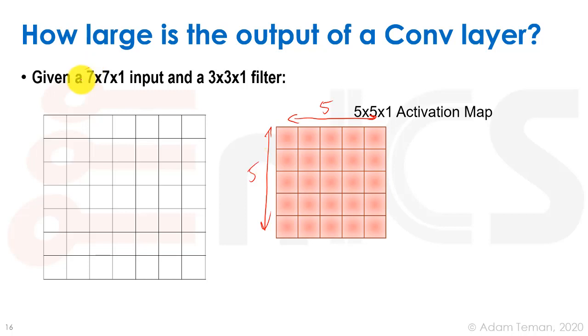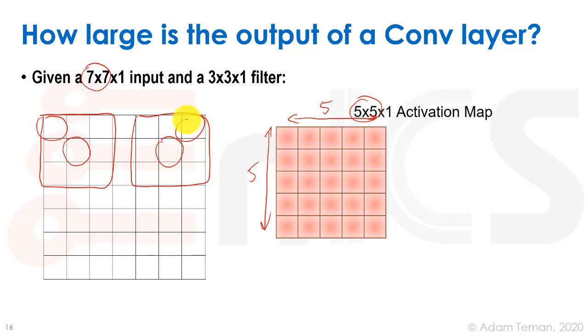So we started with 7 by 7 and got 5 by 5. Why did we lose the edges? Because the first filter was sitting over here, focusing on this pixel rather than this pixel. And the last filter was sitting over here, focusing on this pixel rather than this pixel. So we lose a pixel in each of these directions, and that's why instead of 7 by 7 we get a 5 by 5 activation map. So we may be losing some of the information there.